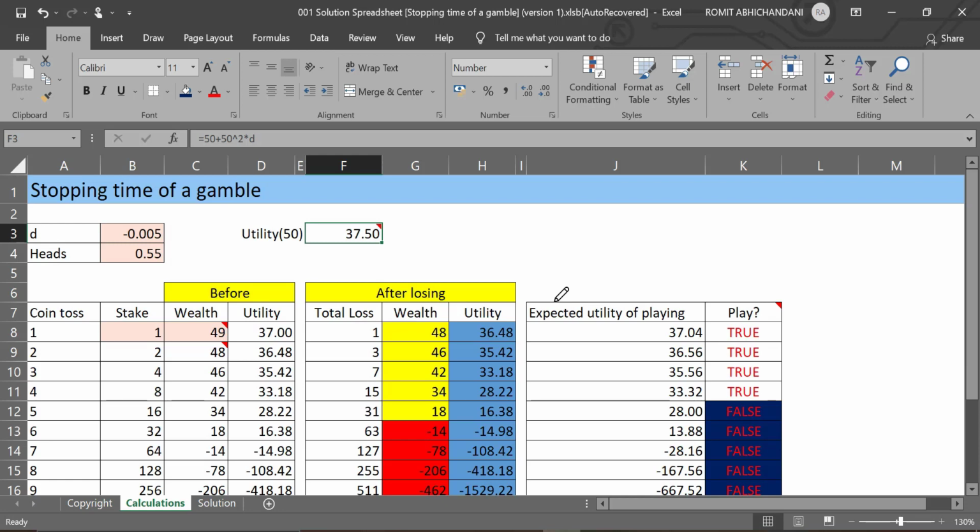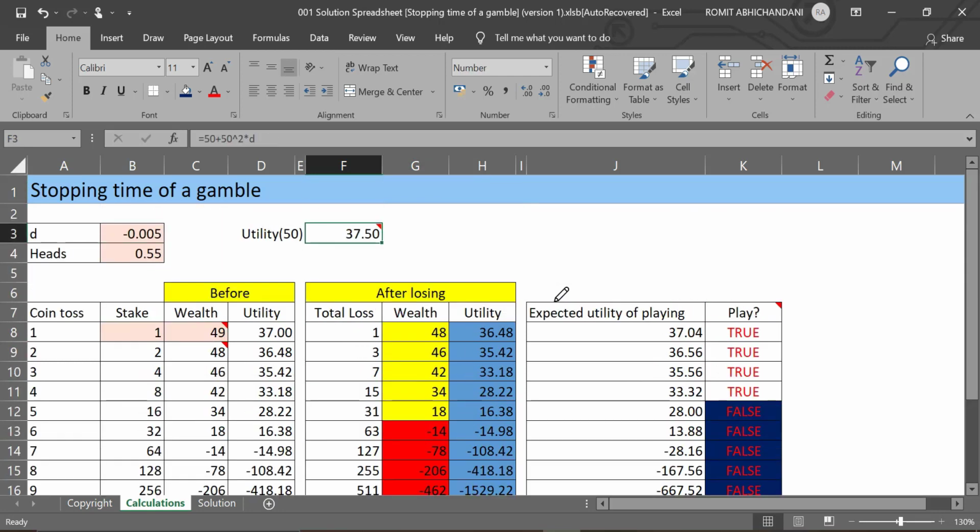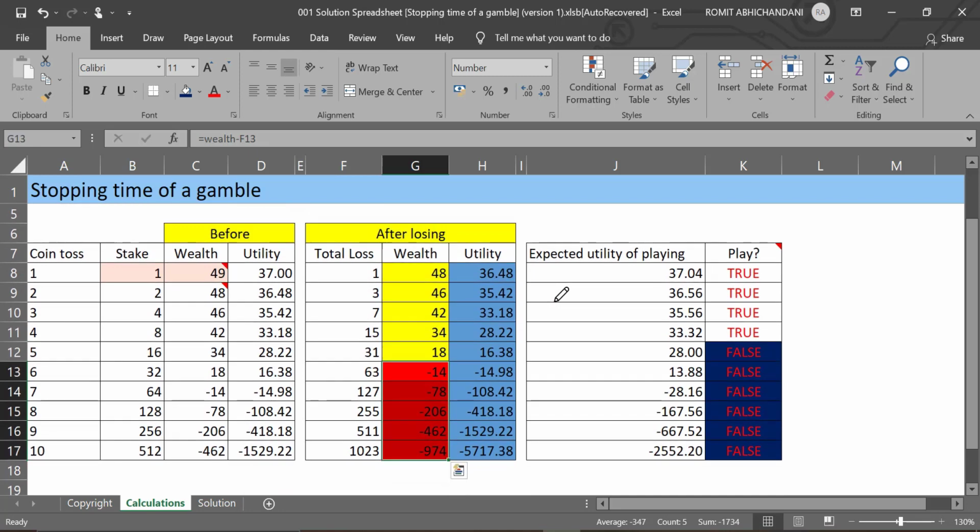You will get to a wealth of 50, which is more than what you started with, and a utility of 37.5, which is more than you started with, and this is where you are trying to reach. We said that the investor eventually will stop as soon as they win £1, right? So it's a good idea to keep on playing and then eventually get here and stop, instead of just looking at the next gamble and its expected utility.